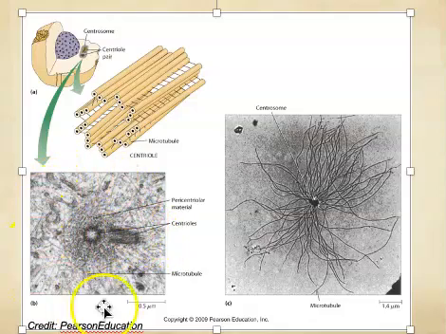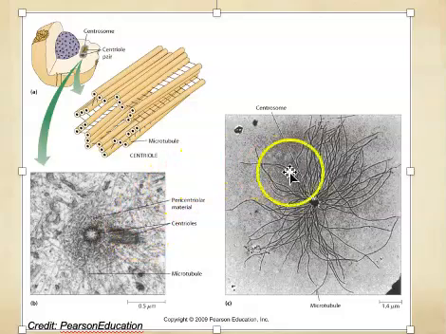And this EM image is showing us one very important fact about centrioles. Remember, they occur in pairs. There's a pair of centrioles at each centrosome, and the pair is oriented at a 90-degree angle to each other. So one centriole will be oriented in one direction, and the other centriole will be perpendicular to it.